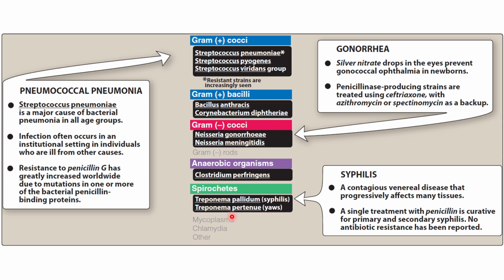And then Treponema pertenue leads to yaws. A good news is that syphilis is not resistant to penicillins. That is why penicillin G, and any other penicillin, is the drug of choice for syphilis, and very effective in the treatment.